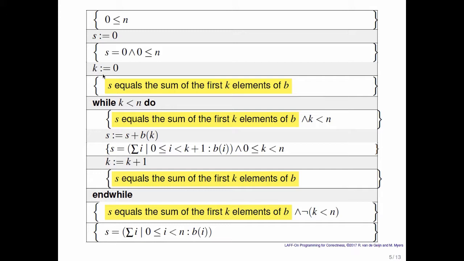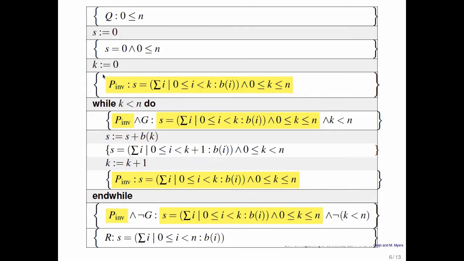And since k is no longer less than n, we conclude that the k is equal to n, and therefore we have computed the sum of the first n elements of B. In other words, we have computed the sum of all elements of B. So that's mathematical induction. Here we say exactly the same thing, except that we use mathematics to say it.